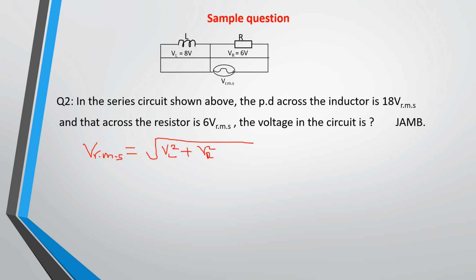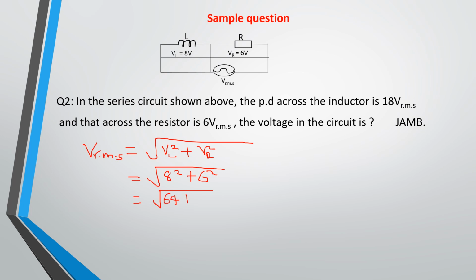So this is what you have, and then you just substitute your values into this particular equation. As I said, this is a JAMB question, and it is good that you understand the equation, then you know the particular equation to use. Okay, so once you know the equation to use, it becomes easy for you.